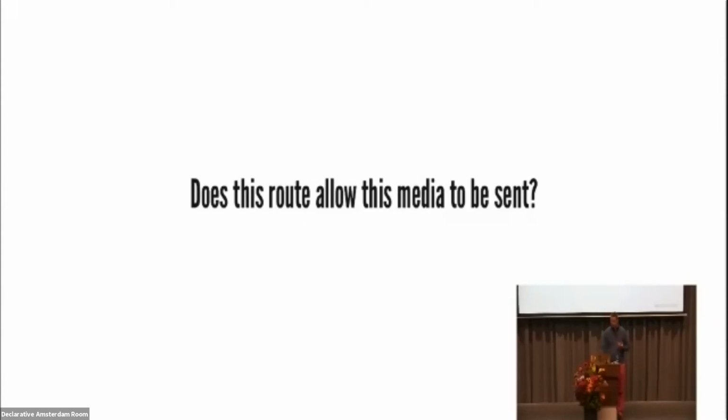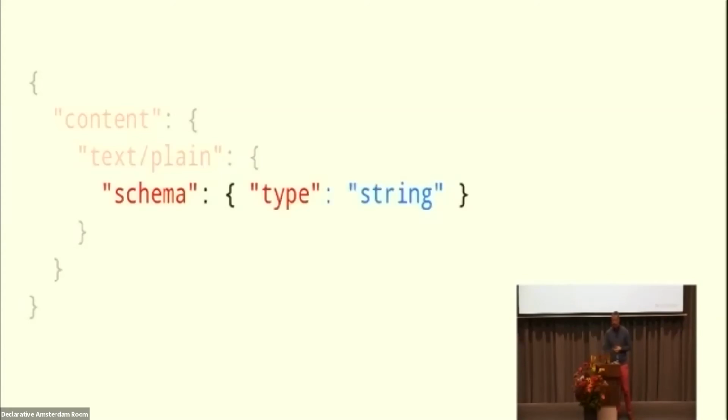You can specify that by saying, in the content of the request body, I accept text plain. If you don't do that, the request will be rejected. And you can specify schemas here as well.